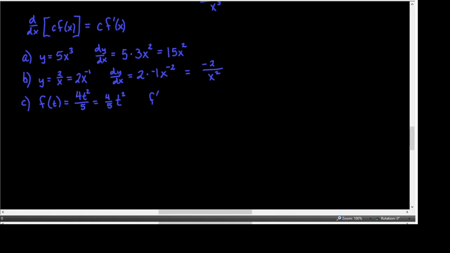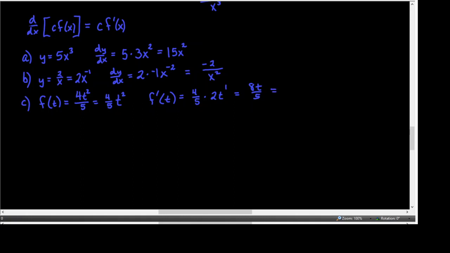So that'll be f prime of t, and that'll be the constant 4/5 multiplied by the derivative of that function of t. Take the old power 2 times t to the reduced by 1 power, so 2 minus 1 is 1, and simplifying you get 8t over 5.